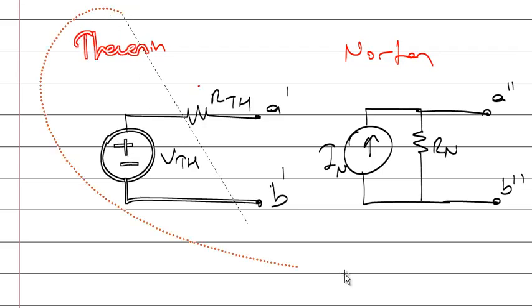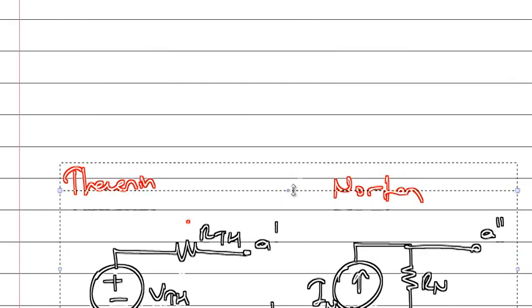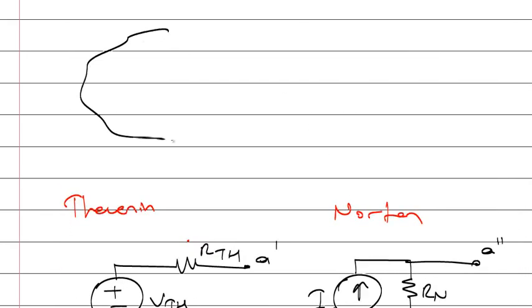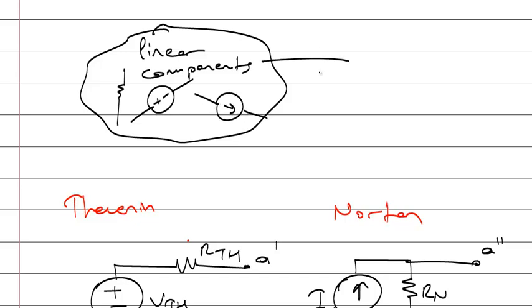Okay, and they are the equivalent models for a linear circuit which contains linear components such as resistors, voltage sources, and current sources.